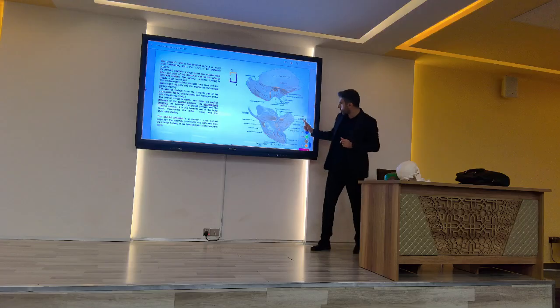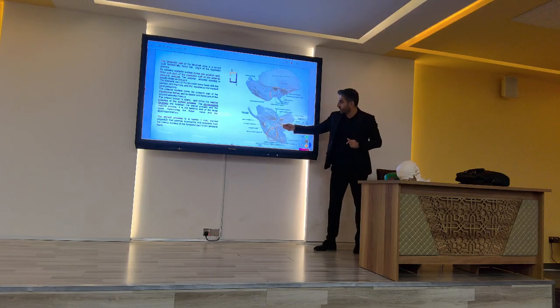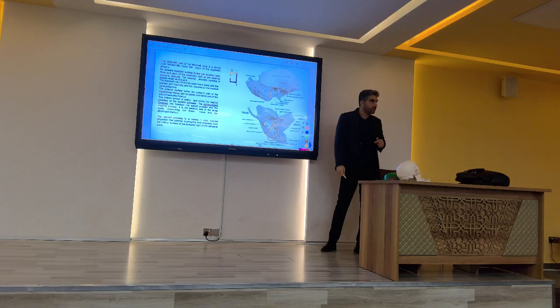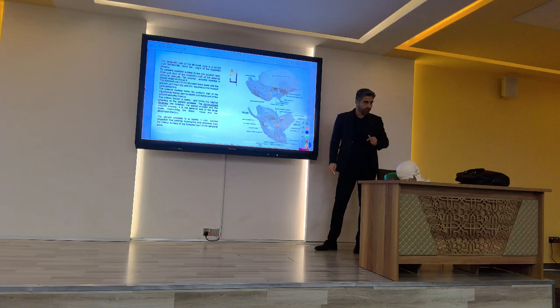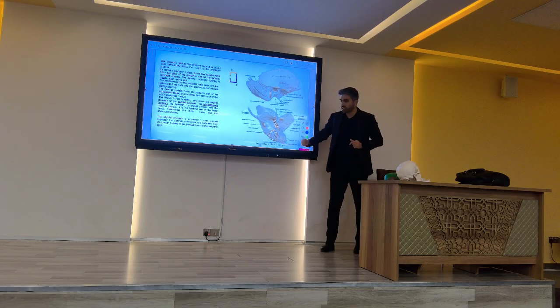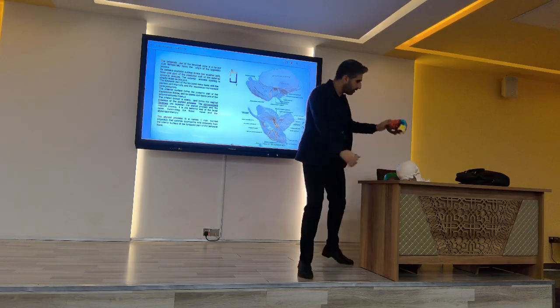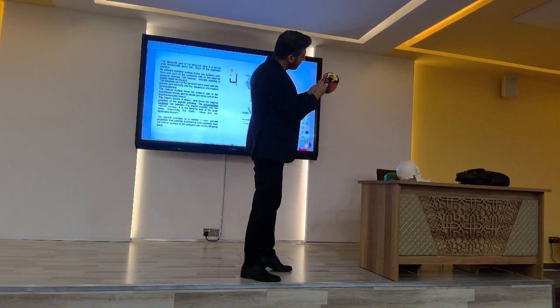Let's see from the inferior view. This is the mastoid part. This one is the styloid process. Between the styloid process and the mastoid part, we have a foramen.